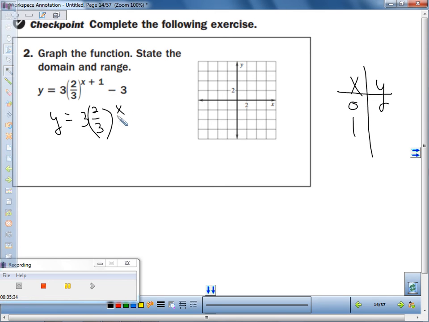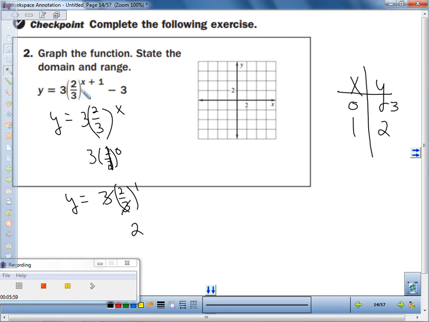If I put in 0 here, that ends up being 1, so 3 times 1 is 3. At 0, we get 3. Then if I plug in 1 here, I end up with 2/3 times 3. Those cancel out, so you're left with 2.